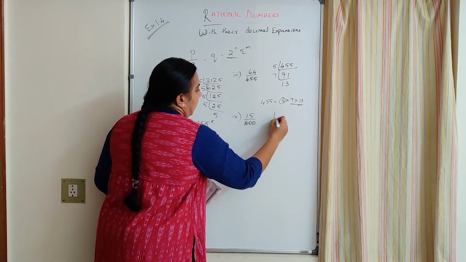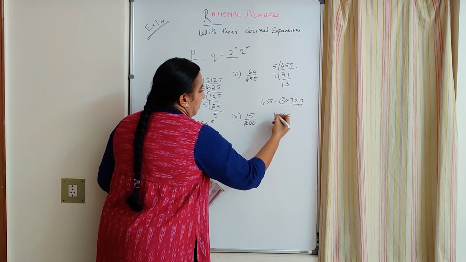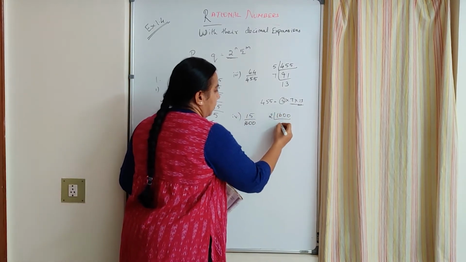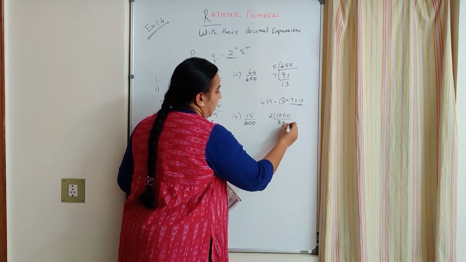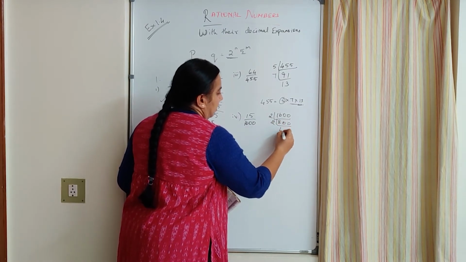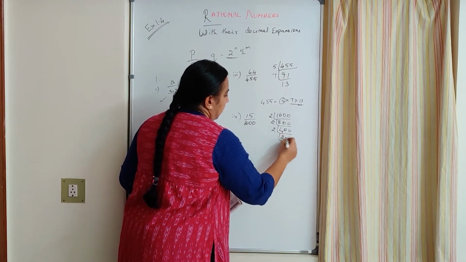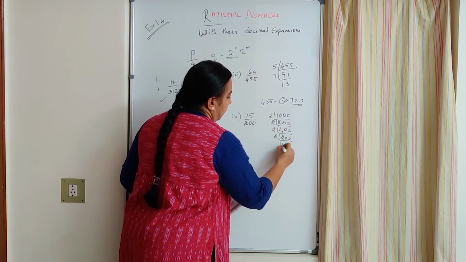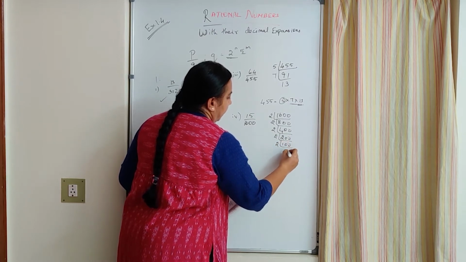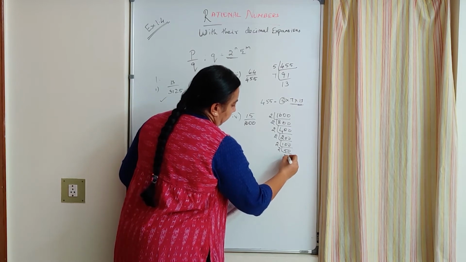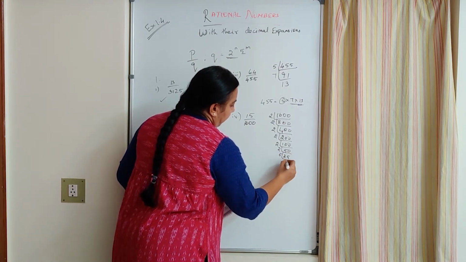1600. Again I am doing division for 1600 with the 2 table. I get 800. Again with 2, 400, again with 2, 200, again with 2, 100, again with 2, 50, again with 2, I get 25, and again I do with the 5 table now.